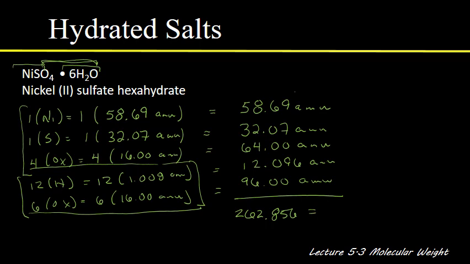And again, most of these numbers go out to the 100th place, so let's round our answer to the 100th place. So our molar mass then, or excuse me, our molecular mass or molecular weight would be 262.86 atomic mass units.